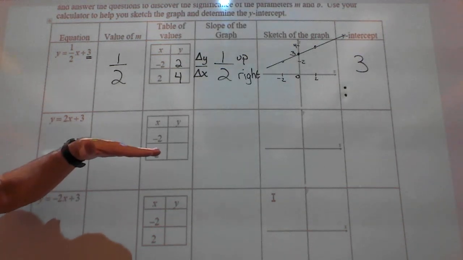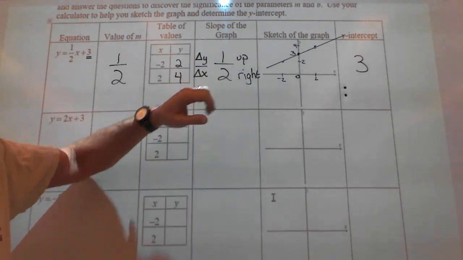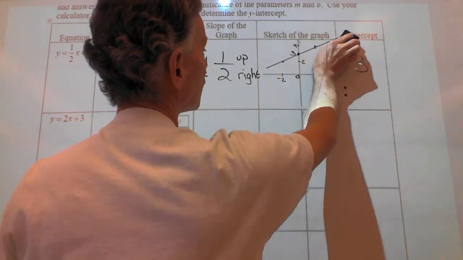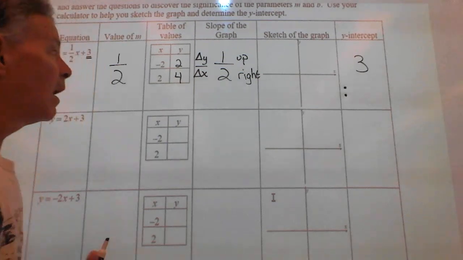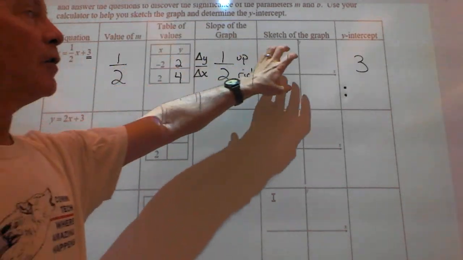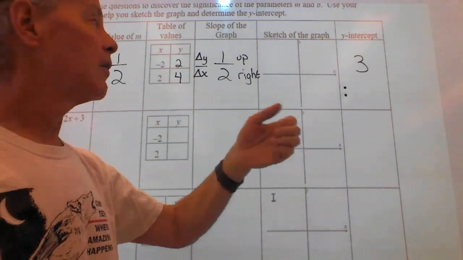We'll do this one over again, and this time we're going to use slope and one of our points. The first time we did it, we plotted 2 points, we joined them up, and that gave us our line.